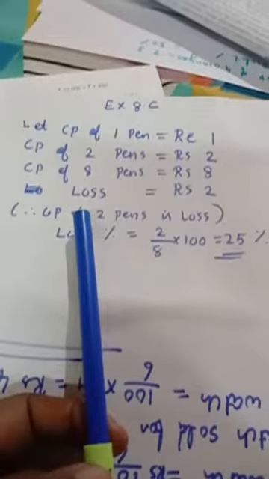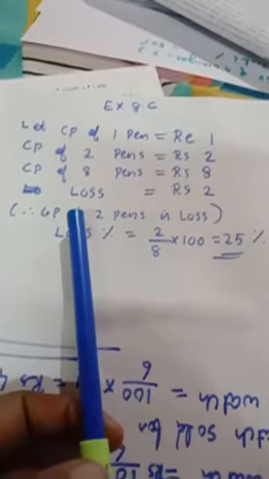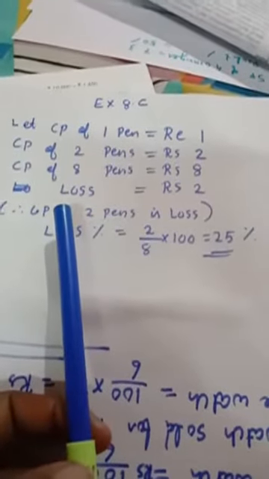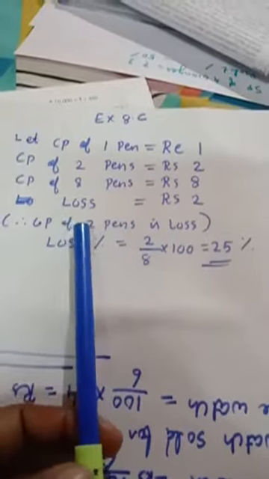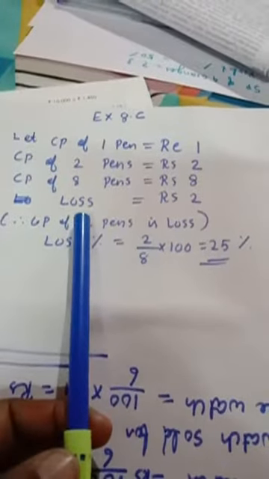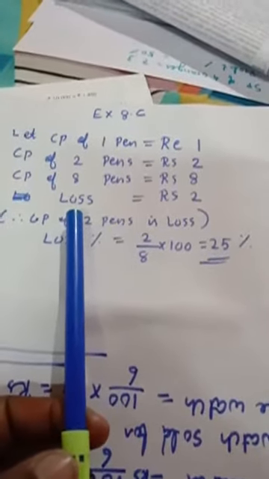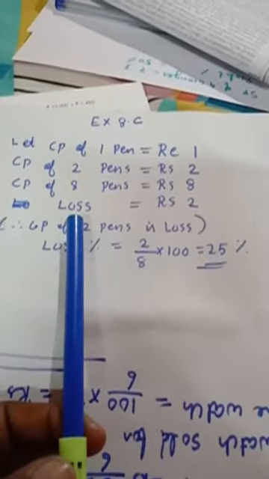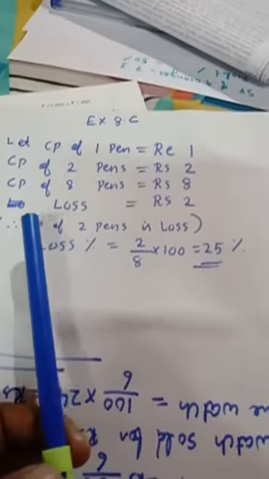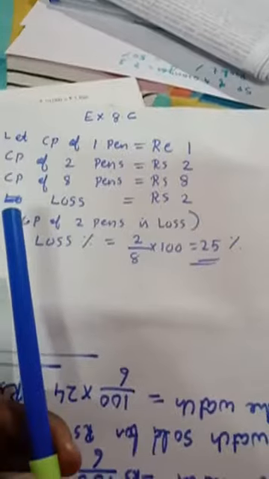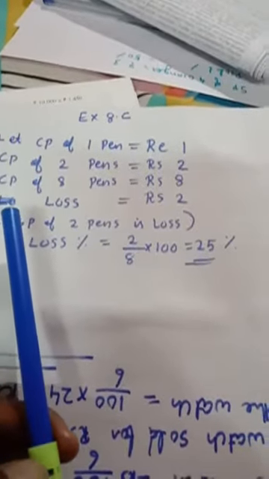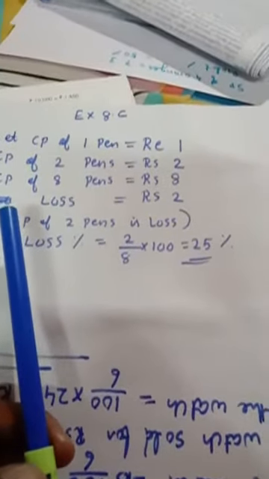First, assume the CP of 1 pen is rupees 1, then the CP of 2 pens is rupees 2, and the CP of 8 pens is 8. Then one more thing is given: if he is selling 8 pens, he had a loss of the CP of 2 pens. The loss is not given as a percentage or exact amount.